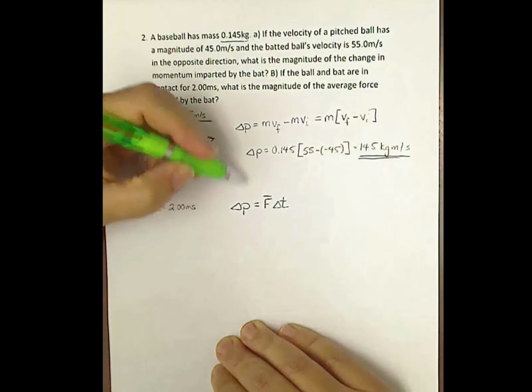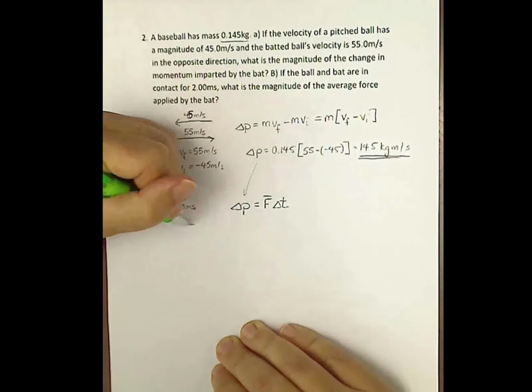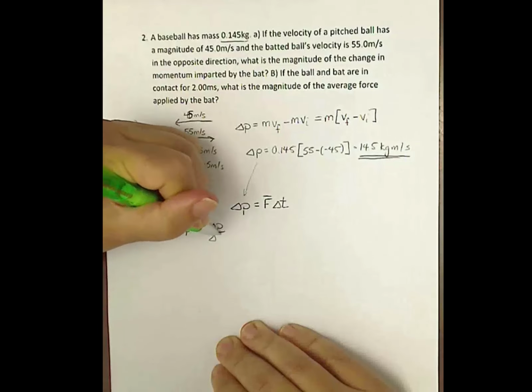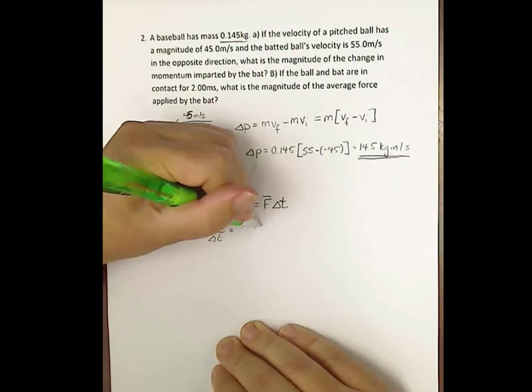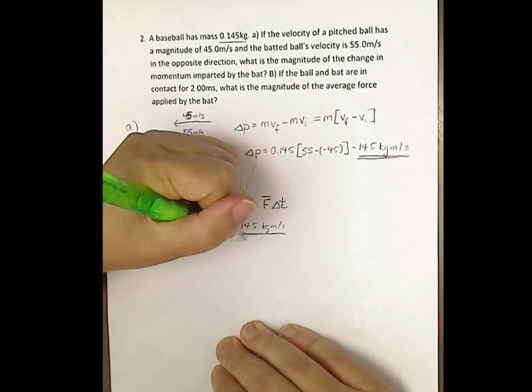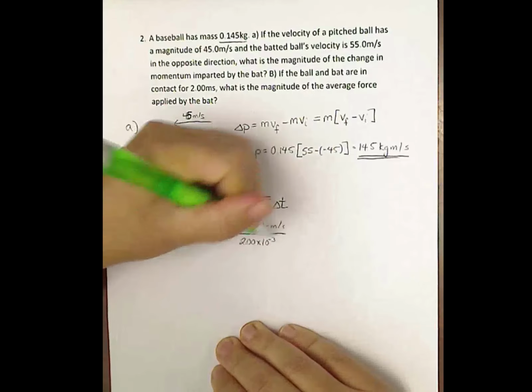We know the change in momentum from part A and we know the time, so the average force is just the change in momentum divided by the change in time. So 14.5 kilogram meters per second divided by 2.00 milliseconds, so times 10 to the minus 3.